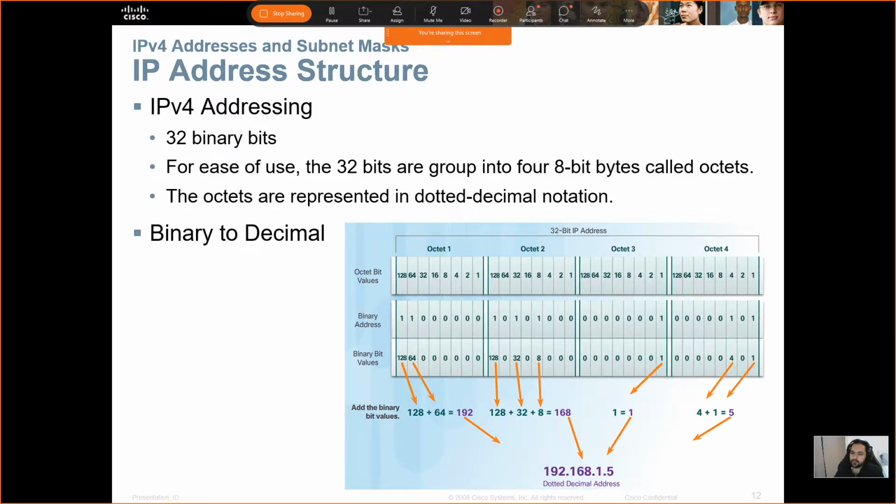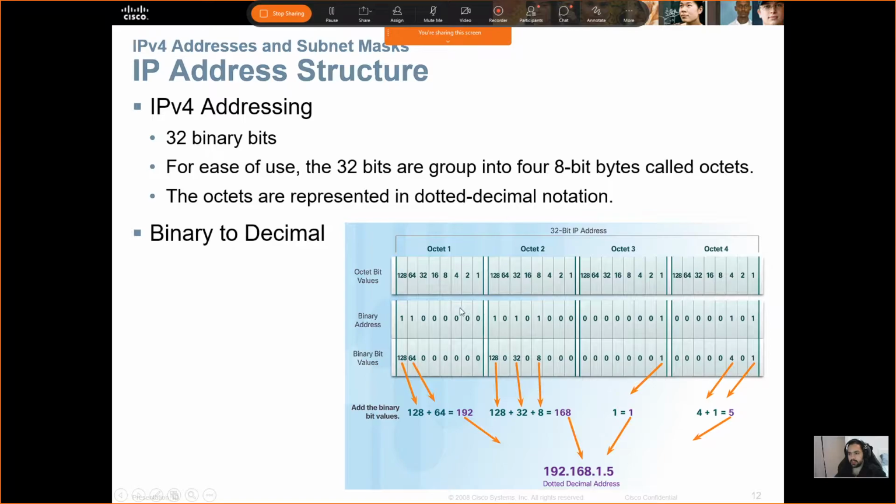For ease of use, these 32 bits are usually grouped in 8 bits each, and it looks something like this: 192.168.1.5. Each part between the dots is represented by 8 bits.